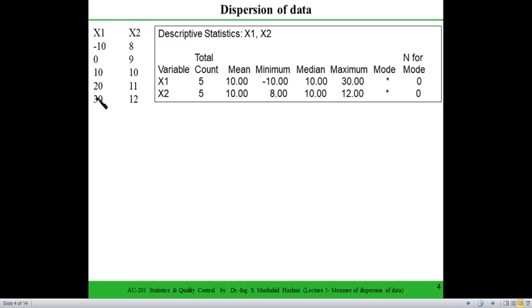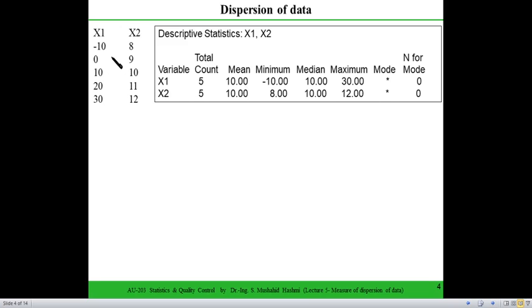If you add them together and divide by 5, you are going to get 10. The same is the mean of data set 2; it also has a mean of 10. Then what we look at, because this measure of central tendency doesn't give an idea about the characteristics of that data, is how these two data sets are different, because they have the same mean value.